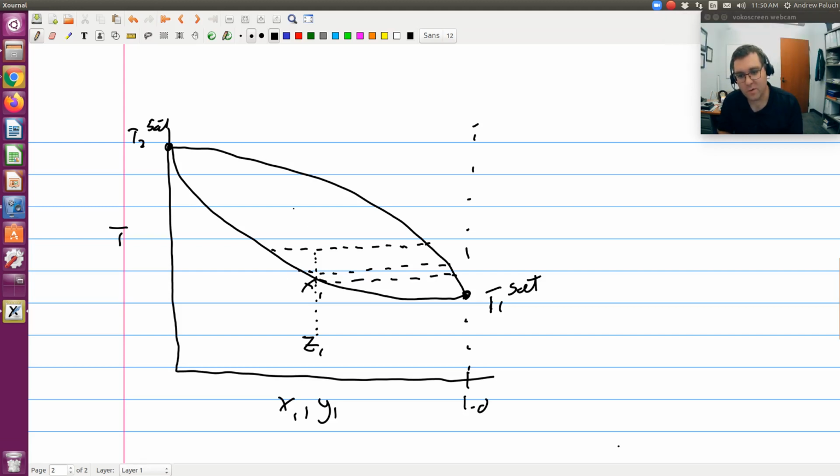I read off X1s from my bubble line, Y1s from my dew line. This point where X1 equals Z1 corresponds to my bubble point. That gives me the largest possible Y. But if I continue to heat up from there, I continue to get an X1 in equilibrium with the Y1. Y1 is always greater than X1. Y1s are decreasing as temperature is increasing.